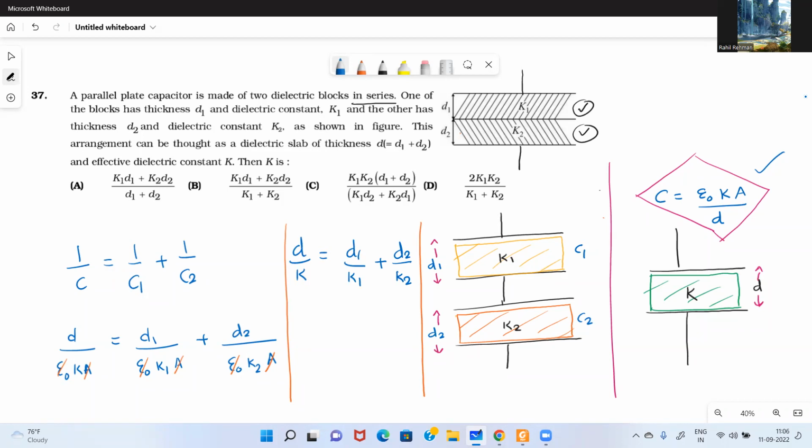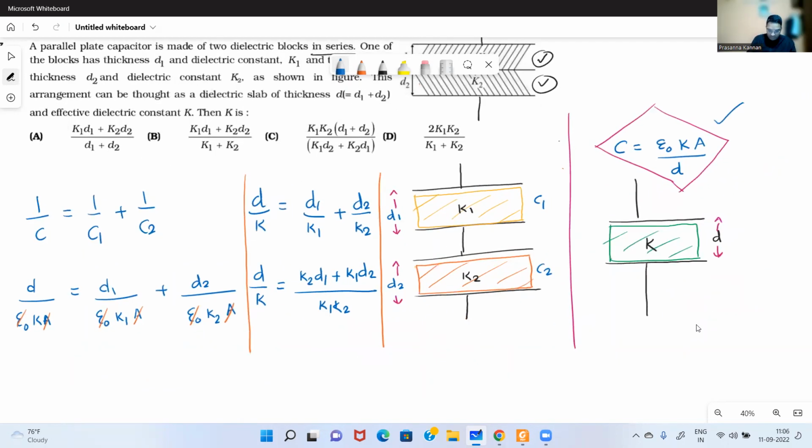Now let's simplify this further. So D by K will be equal to, if you bring it here, K2 D1 plus K1 D2 divided by K1 into K2, correct? Now let's cross multiply to get the answer. So take reciprocal first.